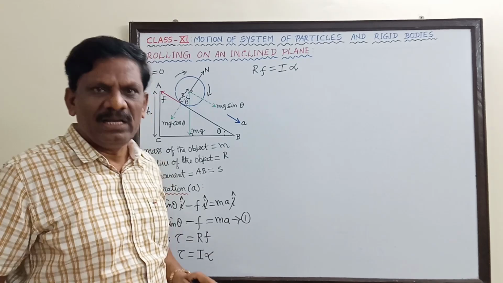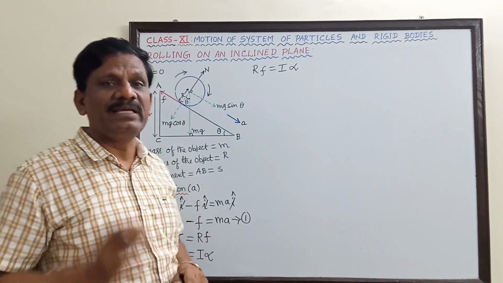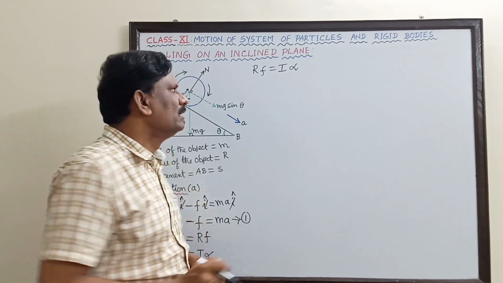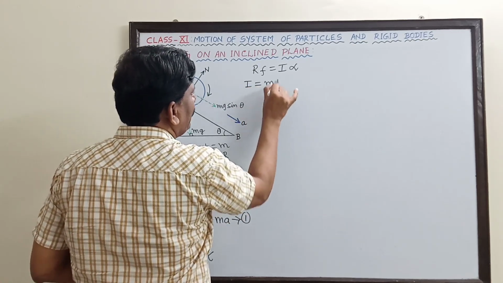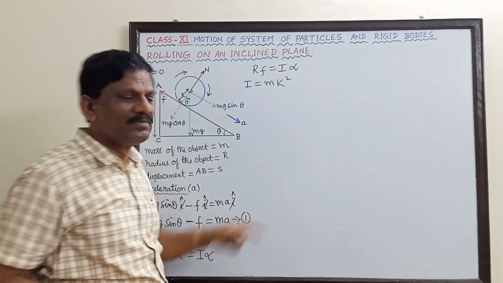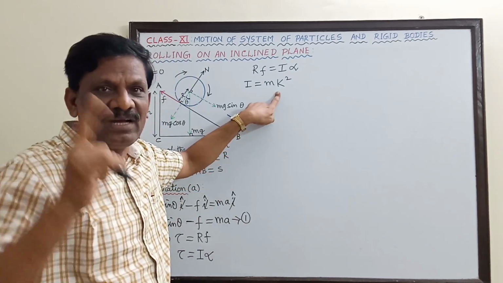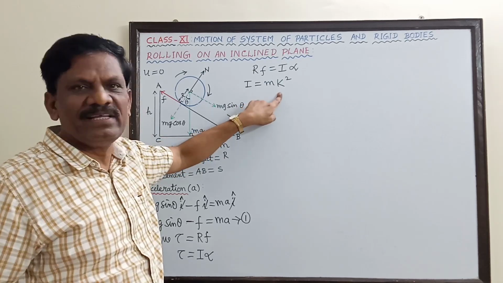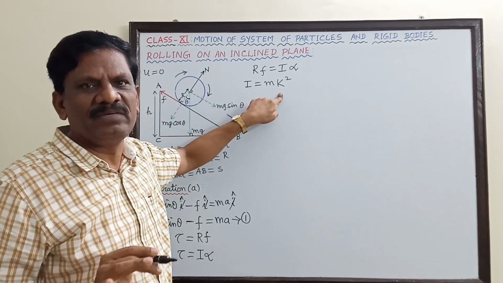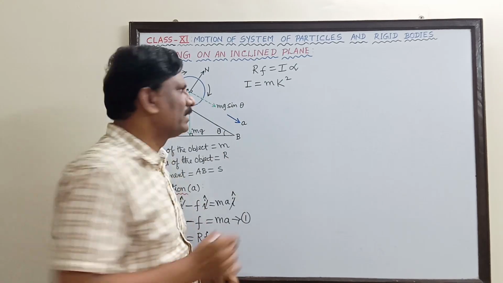But in general, if m is the mass and k is the radius of gyration, then moment of inertia is equal to m k square, in terms of radius of gyration, not in terms of the radius of the object. For any object we can write m into k square.